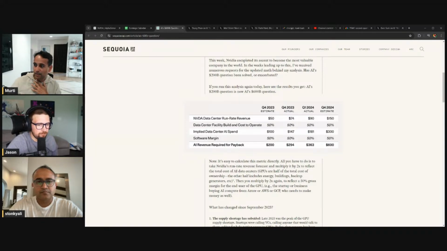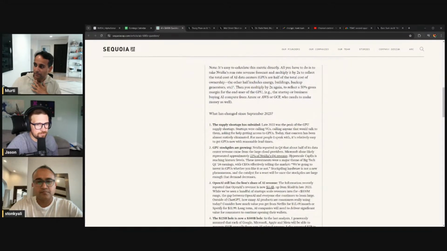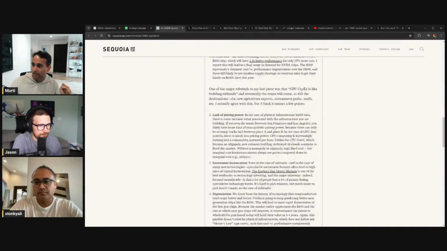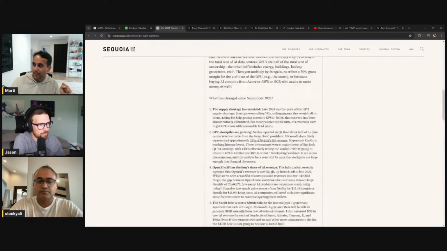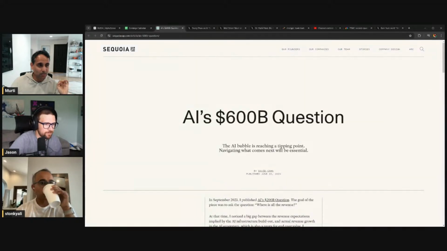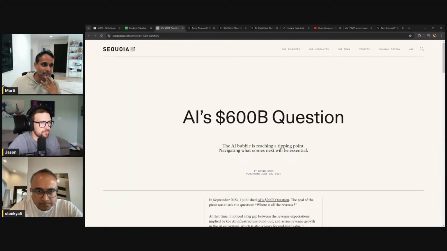So in this article they try to add up AI revenue across the board, looking at OpenAI's revenue and some of the others, and there's a big gaping hole: a lot of money being spent, but not a lot being made. So at what point do Microsoft and Amazon and Elon go, you know what, we're good for now, we'll hold off for 12 months before putting in our next $20 billion order for NVIDIA chips?